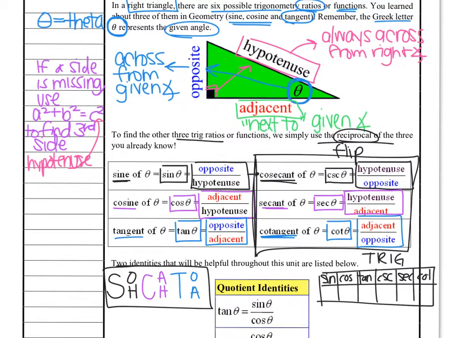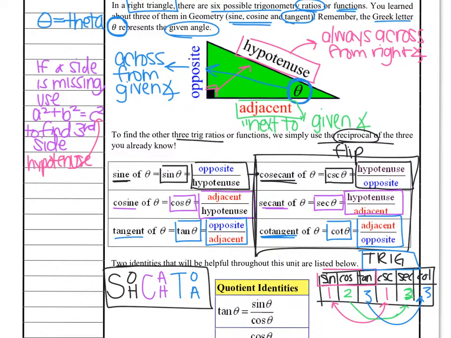Those are your reciprocal trig functions. And they go in the same order as these 3. So if sine is first, cosecant matches with it because it's first in that set of 3. And then second, we have cosine matching with secant. Oops, I should have drawn a 2 there. And then third, tangent matching with cotangent.